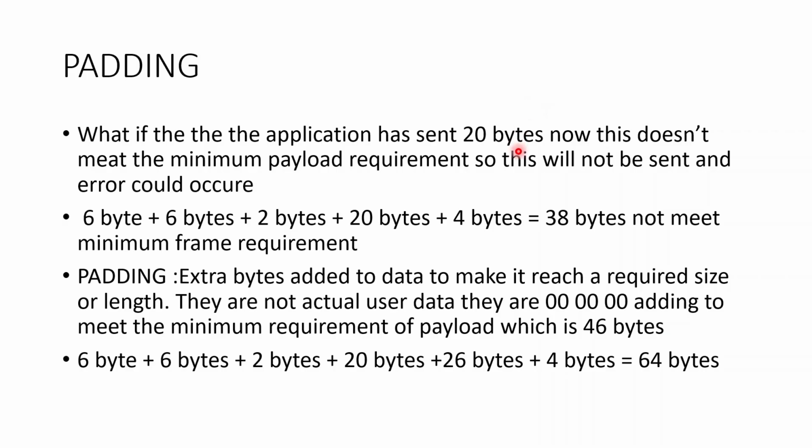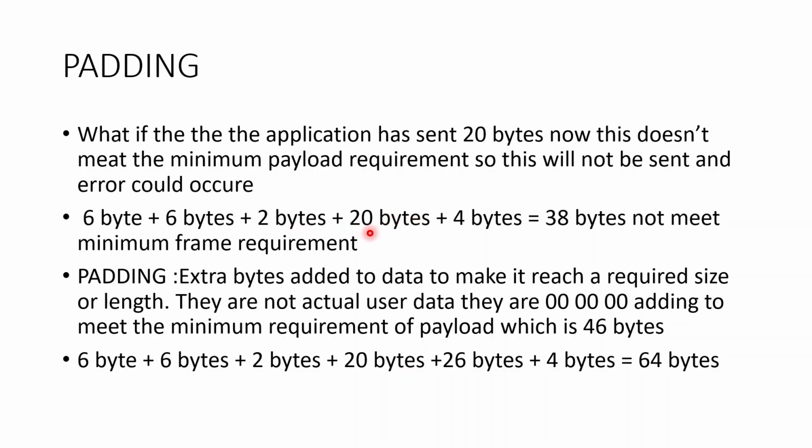So let us make some simple addition here. Beginning from the first field of the Ethernet header, the destination MAC address was 6 bytes. The next field, the source MAC address, is also 6 bytes. The next field is the length or type, which is 2 bytes. The next field is the payload.